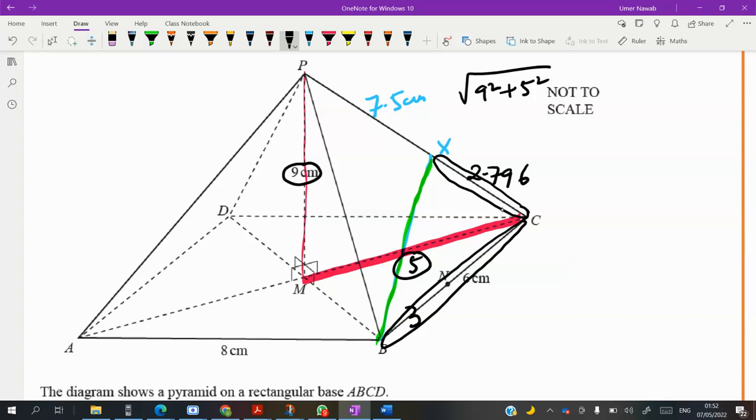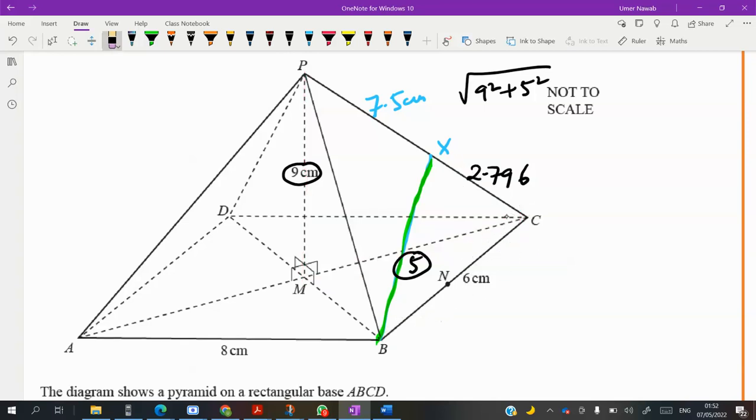We already have this side. Do we have the angle between them? I think the angle is not a big deal. We can easily find it by using trigonometry. Do we have any triangle here? Let me explain which triangle we can use to find this angle. In the first part we drew the PN line. Now we can easily find this angle.